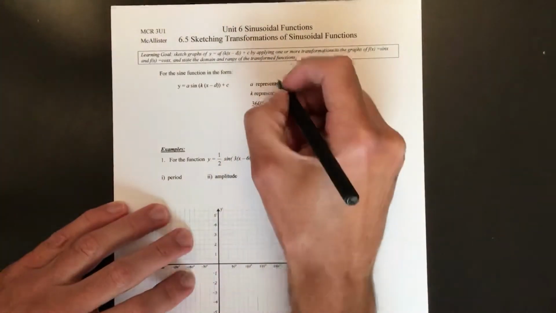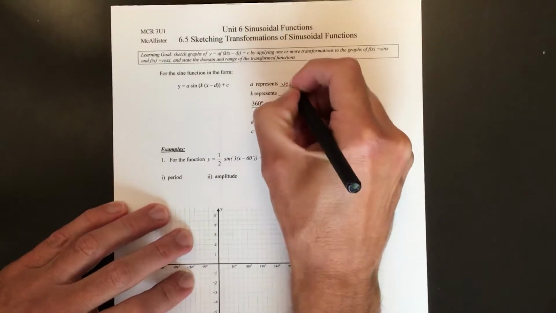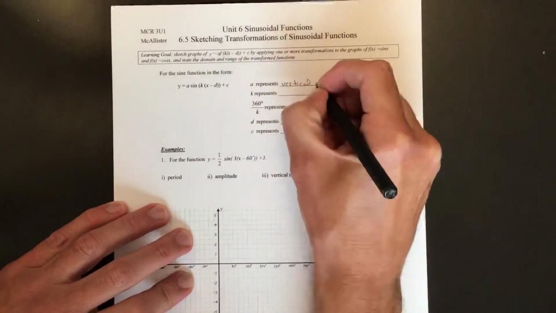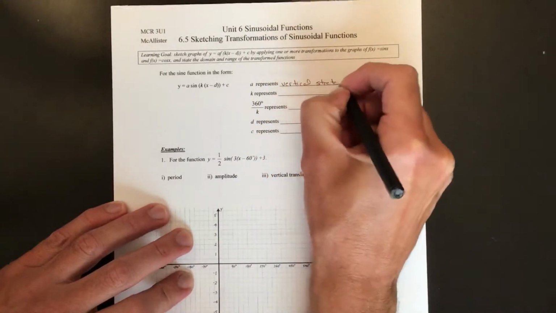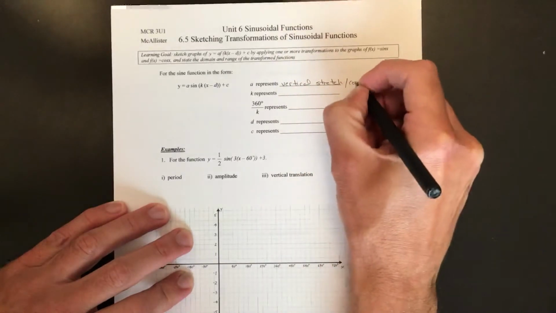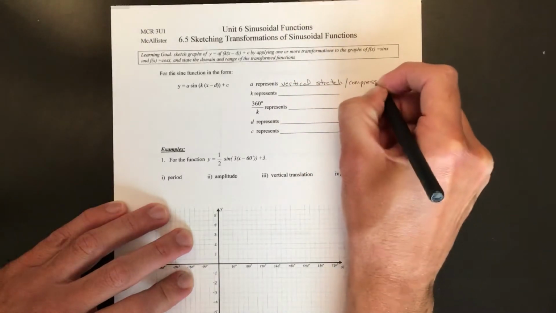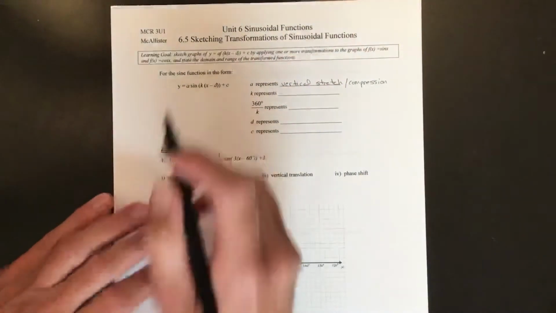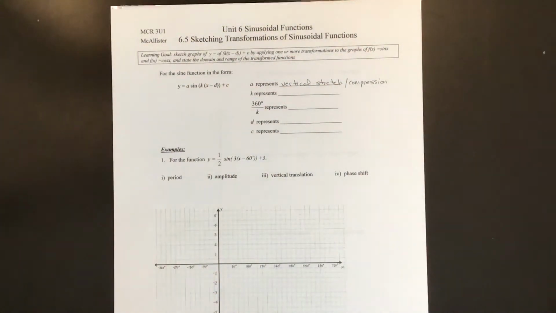So A represents the vertical stretch or compression. And it's the same as before. If A is a whole number, it's a stretch. If A is a fraction, then it would be a vertical compression.